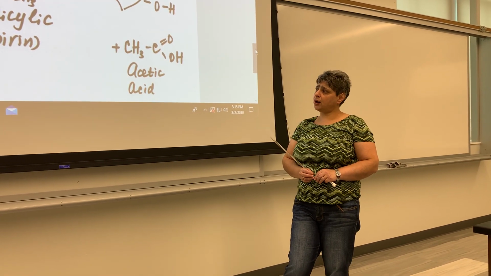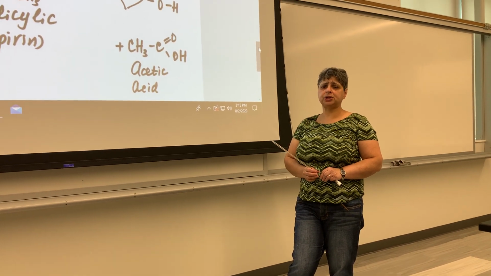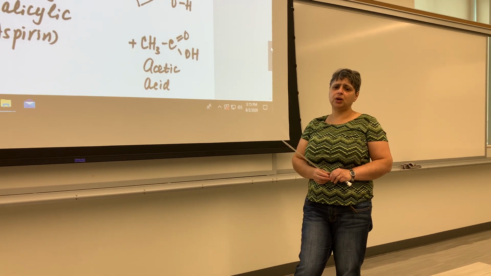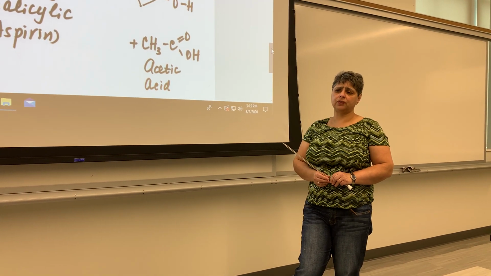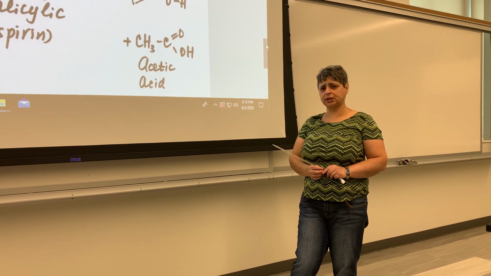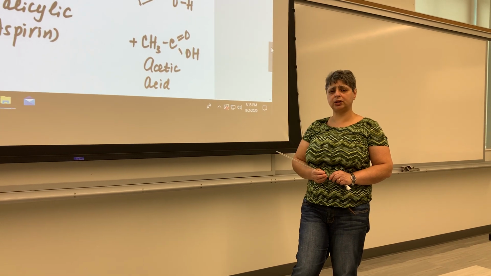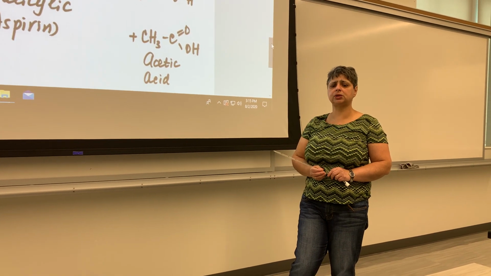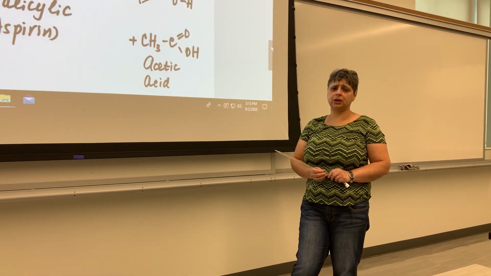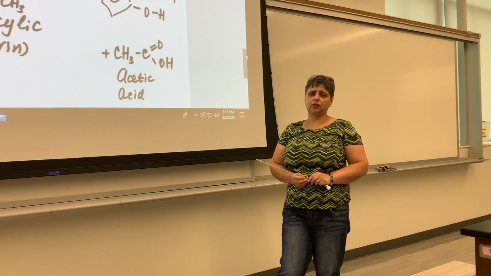Percent recovery is found for recrystallization by taking the mass of substance that you started recrystallization with and comparing it to the mass of the substance you're able to recover after recrystallization. And so you would divide the mass of substance after recrystallization by the mass of substance you started the recrystallization with, and then that gives you percent recovery. That's all for this one.